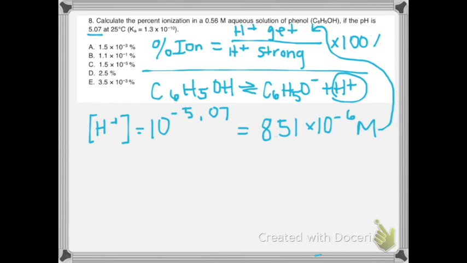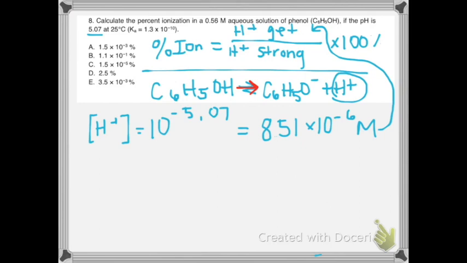Okay, so what about the denominator? What about our H plus if it were strong? So for the denominator, we just pretend that we live in this fantasy world where this would go entirely to the products. Of course, it's a fantasy.